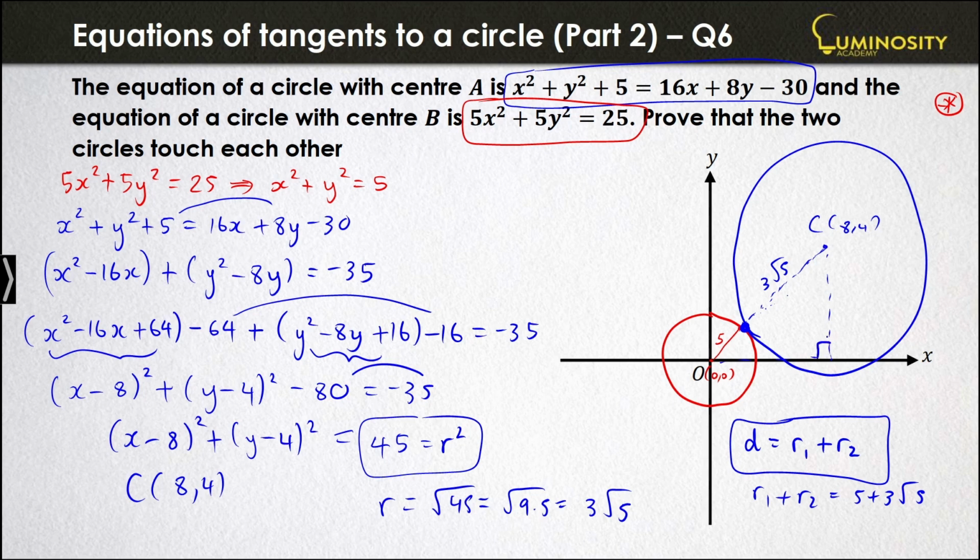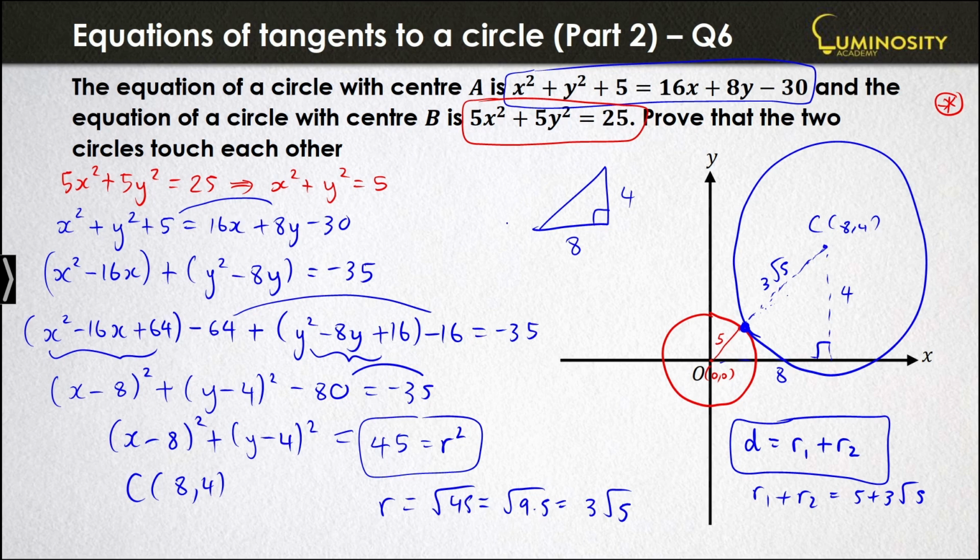Again, I can use the distance formula or a right angle triangle. From 0 to 8 is 8 units. From 0 to 4 is 4 units. So in this right angle triangle, I'm going to have 8 and 4. Something doesn't look like it's adding up here, but let's just carry on and see if we've made a mistake.